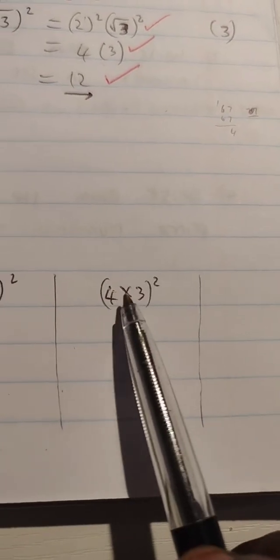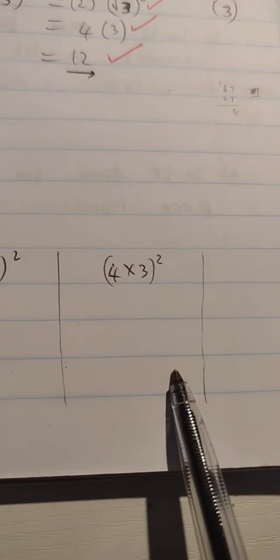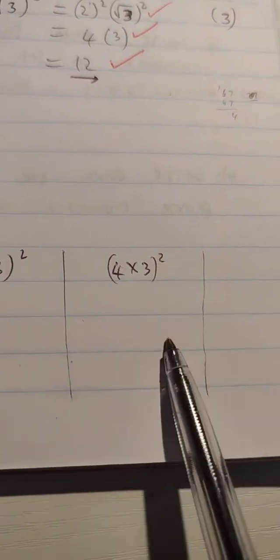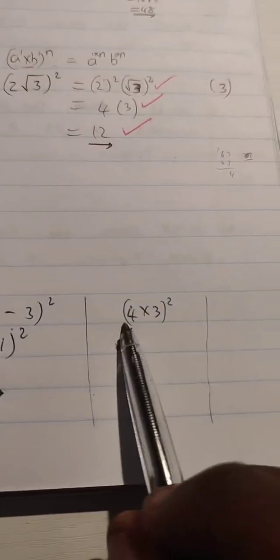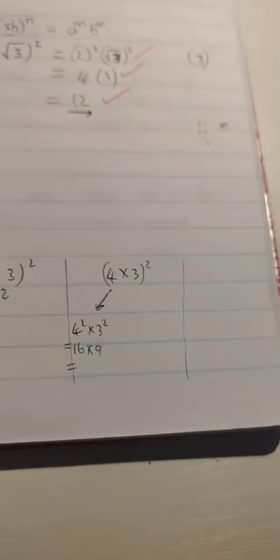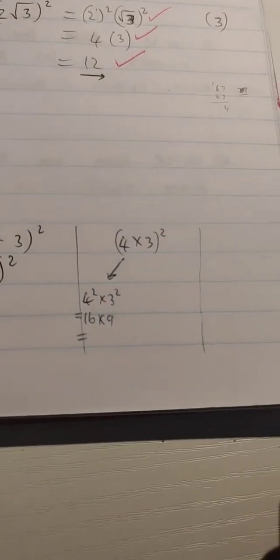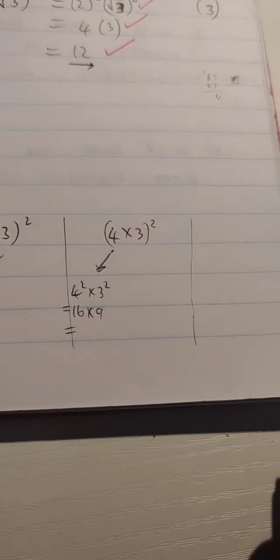Let's come here. (4 times 3) squared. Can we split using exponents? Yes, because the relationship is one of multiplication. So you could say 4 squared times 3 squared, which is 16 times 9, which will give you the answer, which is 144.